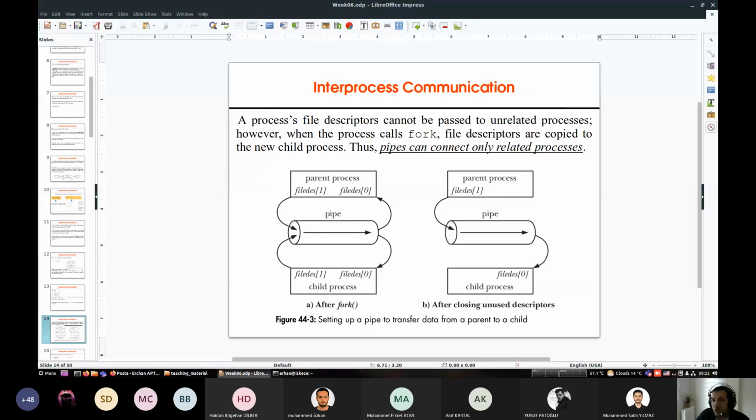Well, in that case, whatever the parent writes to the pipe, the child process will be able to read it. So, call pipe, call fork, and then close the unnecessary file descriptors. And there you have a pipe set up to use between a parent and a child.